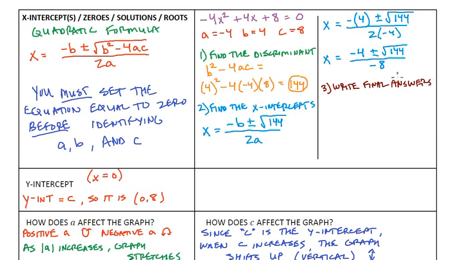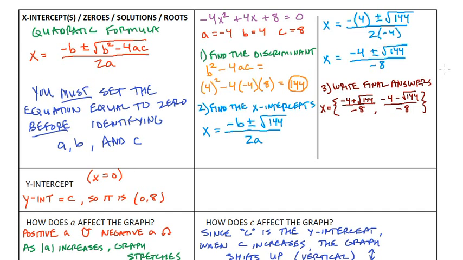Looking at our value for our x-intercepts, we know that x is equal to either negative 4 plus the square root of 144 divided by negative 8, or negative 4 minus the square root of 144 divided by negative 8. So there are our 2 x-intercepts. Now this can be your final answer, class, right here.